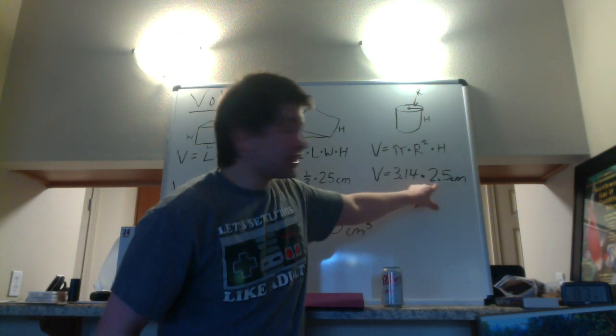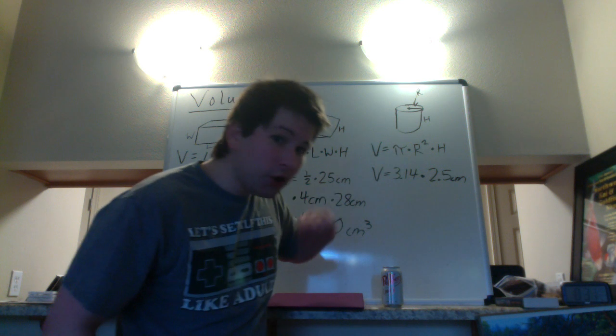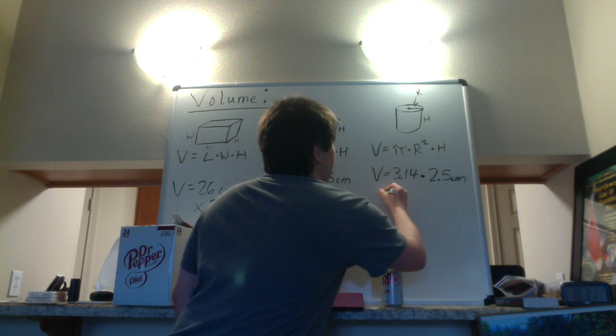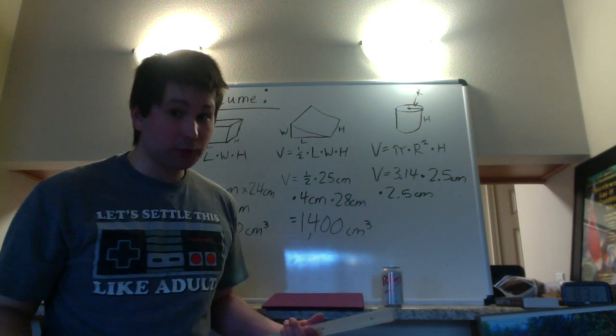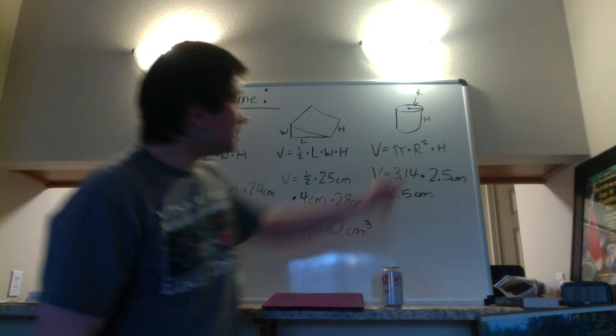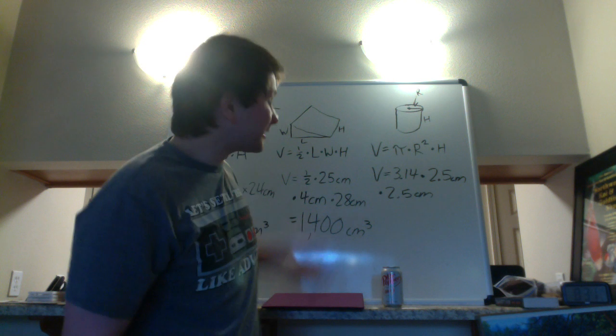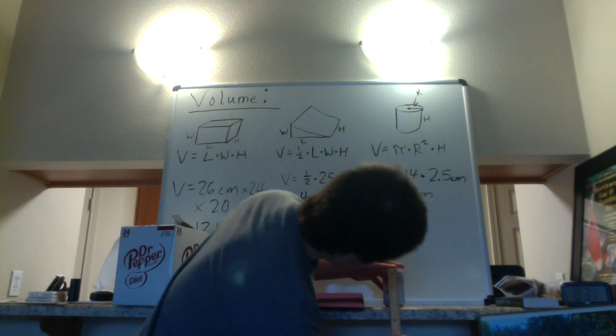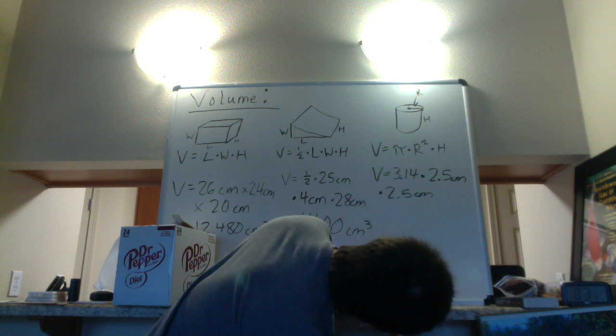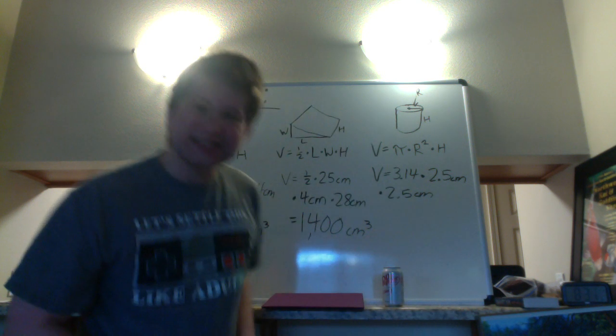So you can think of this as 2.5 squared, or you can do times another 2.5 centimeters. Either way works. And then the last thing I need to measure is the height that connects the top base of the circle to the bottom base. That looks to be 12 centimeters.